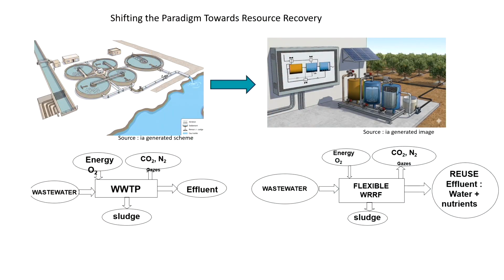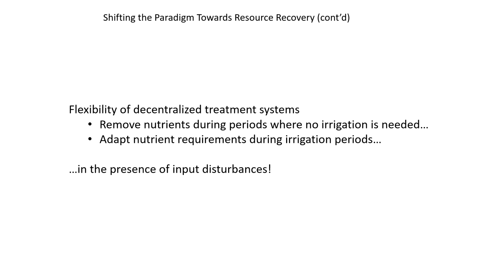So we are in the idea of decentralized systems. On the left you have the mainstream of water reuse, but we really want to go to a decentralized approach where we can be much more flexible than using the output water of classical treatment plants.